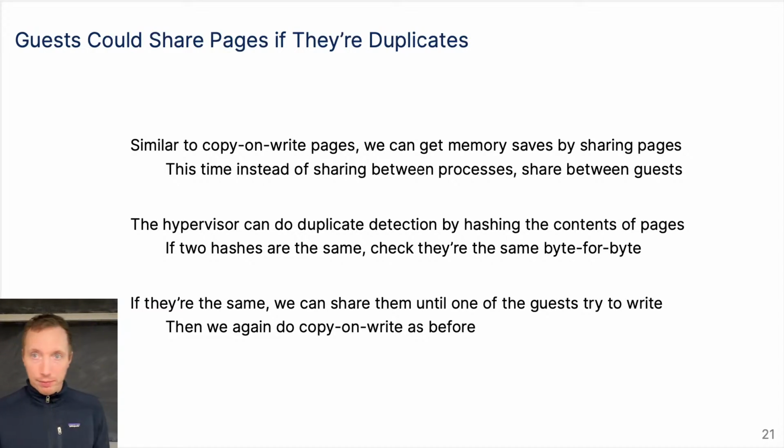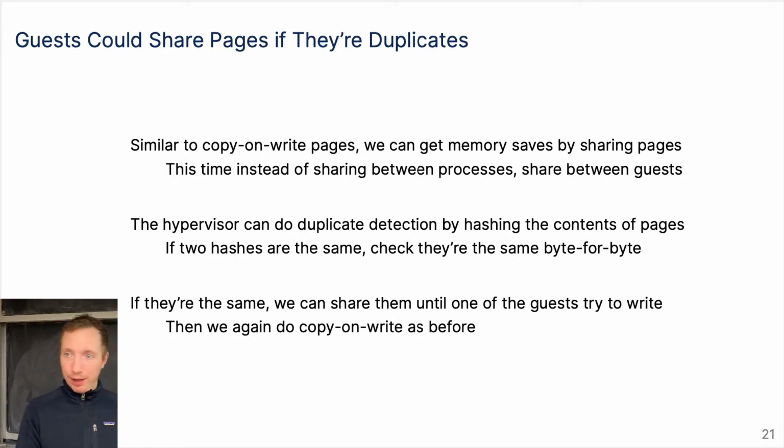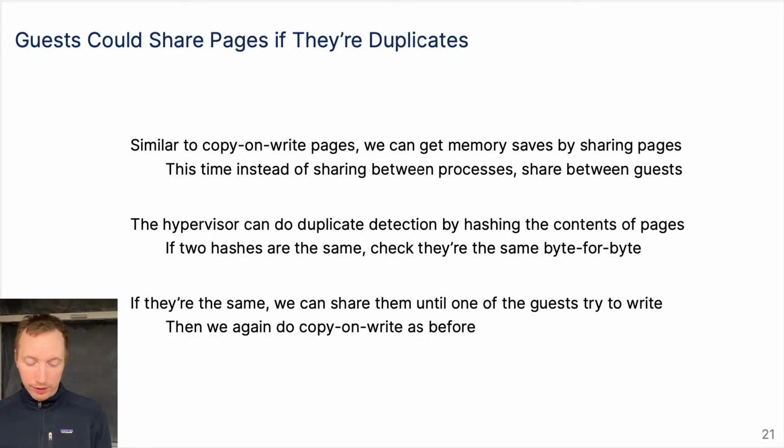But unlike processes, there's no fork for virtual machines. So we're going to use the same idea, but to identify pages that can be shared, the hypervisor is going to have to scan through all the pages. And if it had to scan through them byte for byte to see if any are the same between virtual machines, that would be very, very slow.